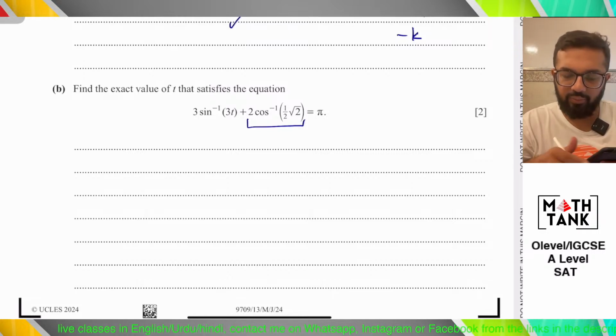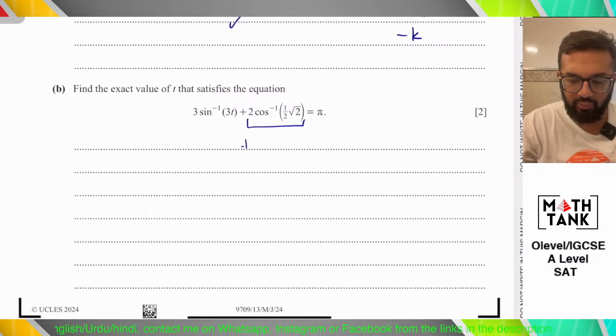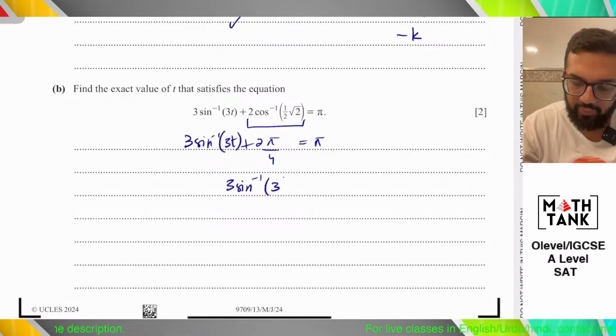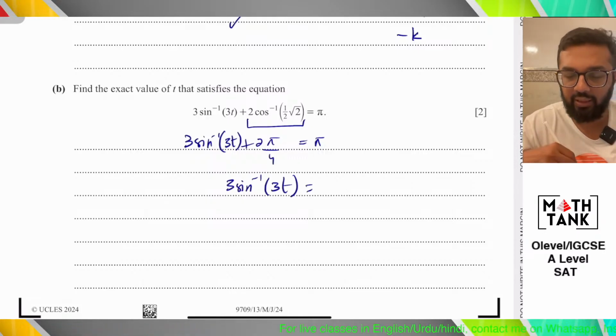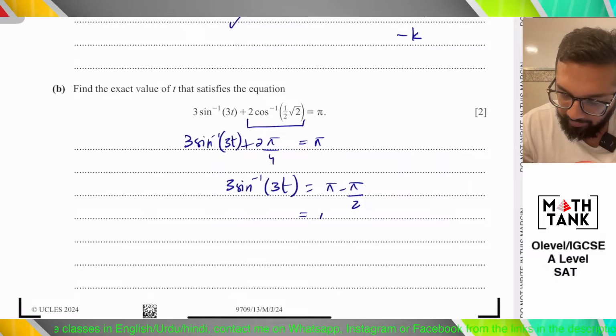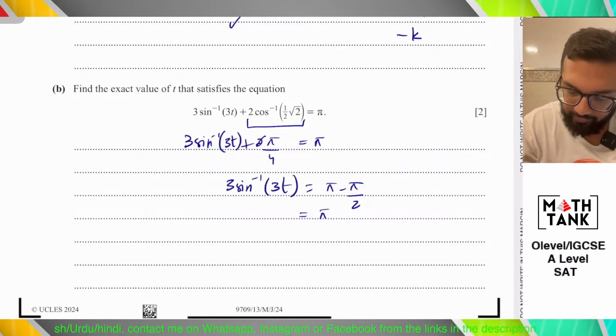Okay, I think that should be pi over 4. So 2 times pi over 4, the sine inverse of 3t equals to pi. The sine inverse of 3t equals to pi minus pi over 2. That gives me again pi over 2.